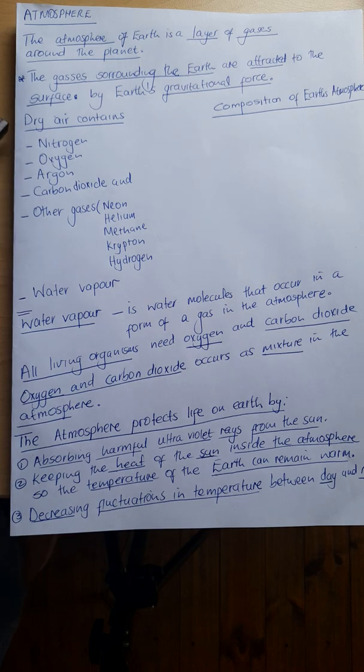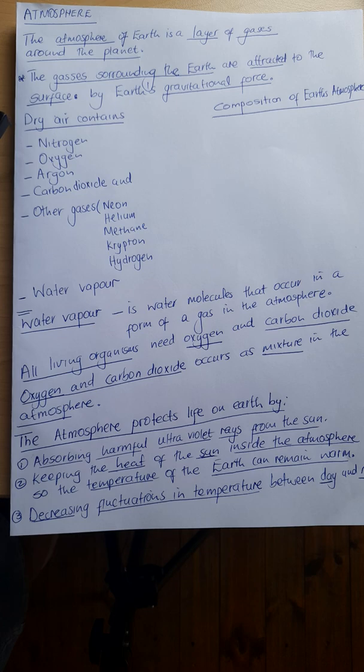And we have dry air in the atmosphere, and that dry air contains different types of gases. It contains nitrogen, oxygen, argon, carbon dioxide, and other gases.